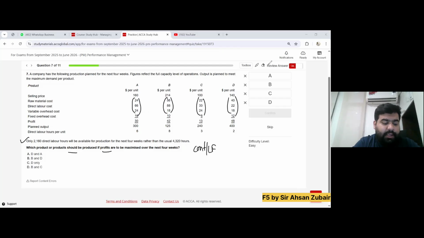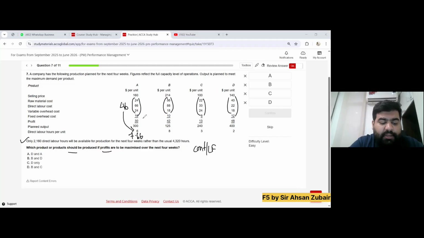So number one, A will be 160 minus 24 minus 66 minus 24, 46 contribution here. Let us also calculate contribution per limiting factor, because the limiting factor is obviously labor hour, that is 46 divided by 6. So contribution per limiting factor will be 7.66 here.